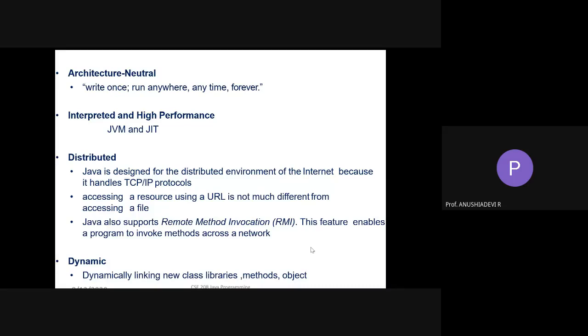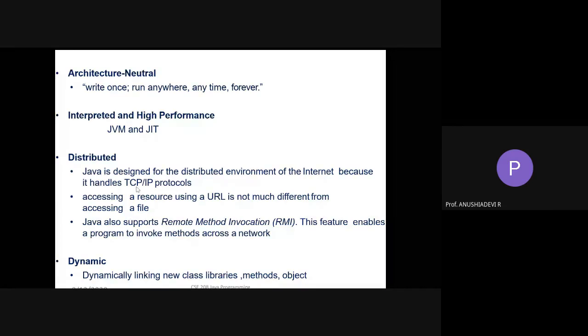Java is also interpreted and high performance. It is interpreted by the JVM, and it is high performance because of using a just-in-time compiler.